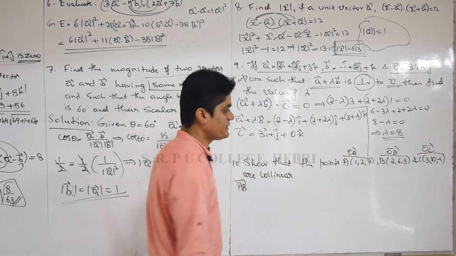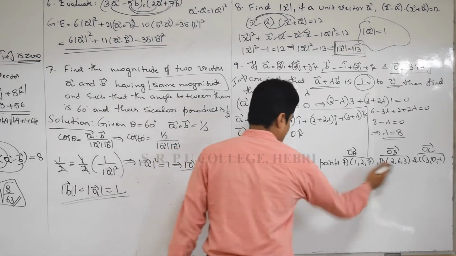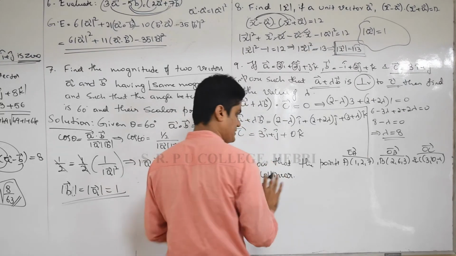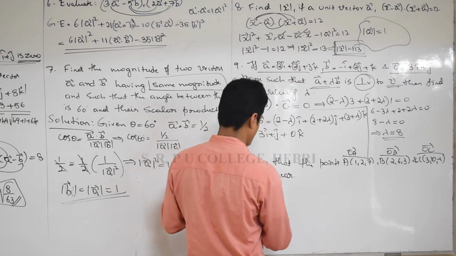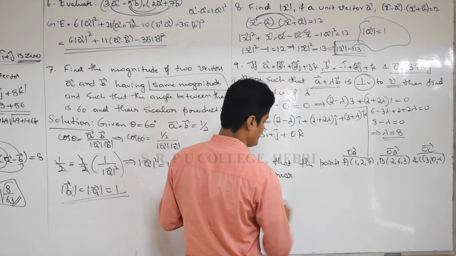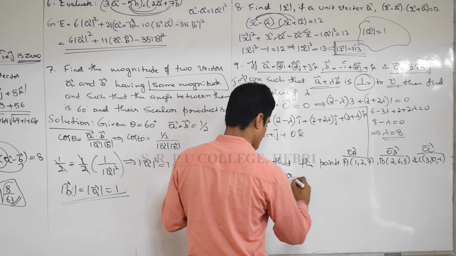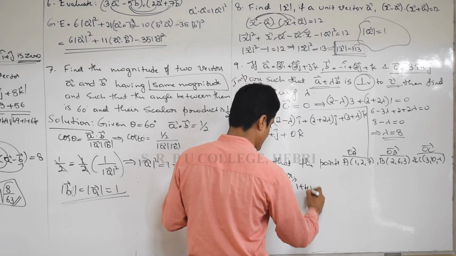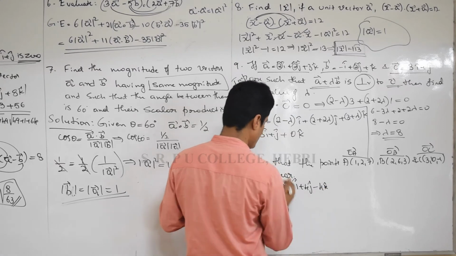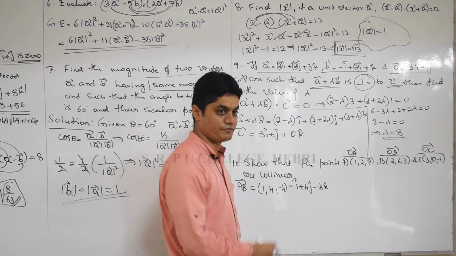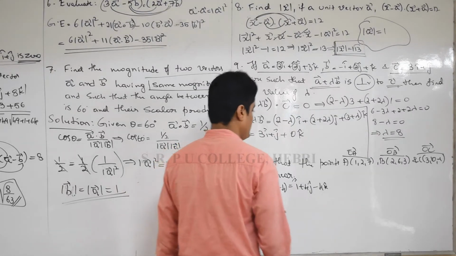How do we find vector AB? Vector OB minus vector OA. It is subtraction. Keep it in point form: 2 minus 1 is 1, 6 minus 2 is 4, 3 minus 7 is minus 4. You can solve with the points only, but if you are not comfortable, you can write in ijk form.